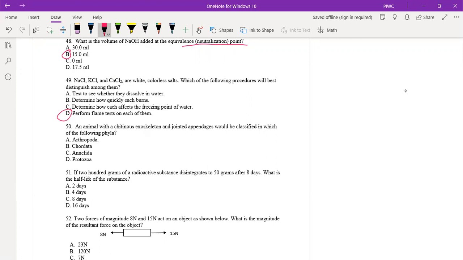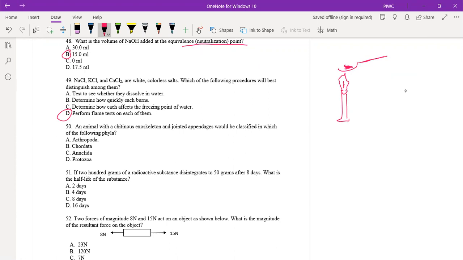So what you do is you have the Bunsen burner in the lab, a fire, you have the flame. And let's say this is like a spatula or something. Then you put in sodium chloride here, or potassium chloride, or the other one, calcium chloride. It will give you a very nice color.